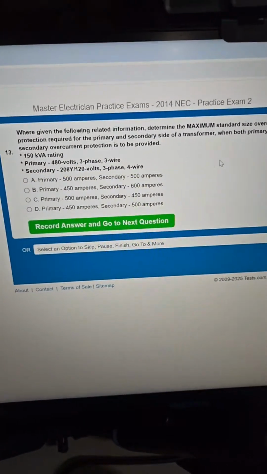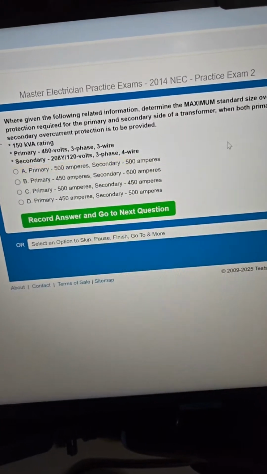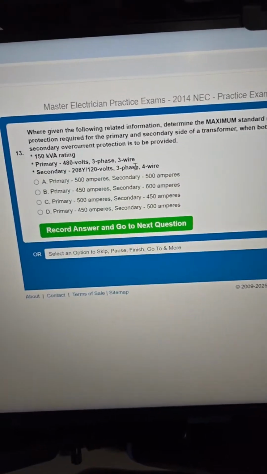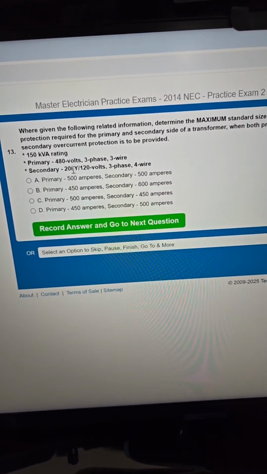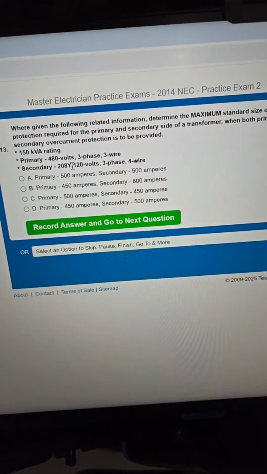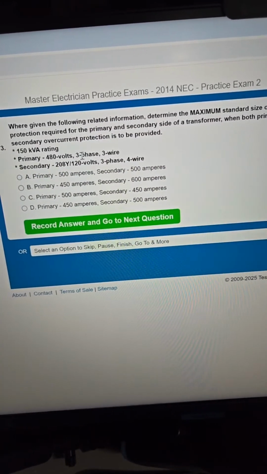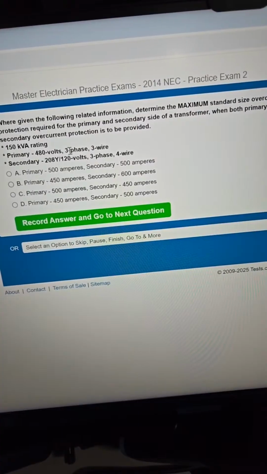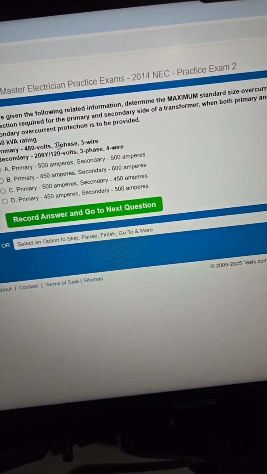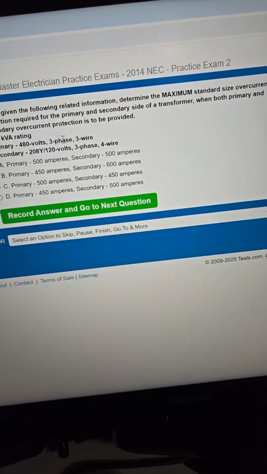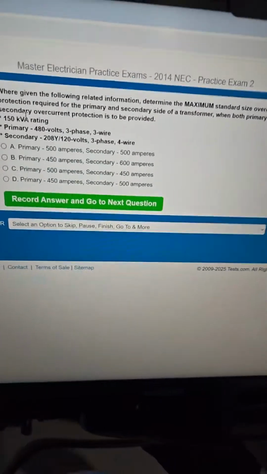Next. Given the following related information, determine the maximum standard size overcurrent protection required. Oh, crap. Okay, so 240 volts, 3-phase. 150 kVA, so 150,000.